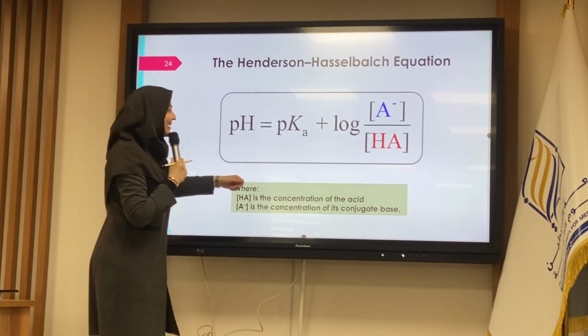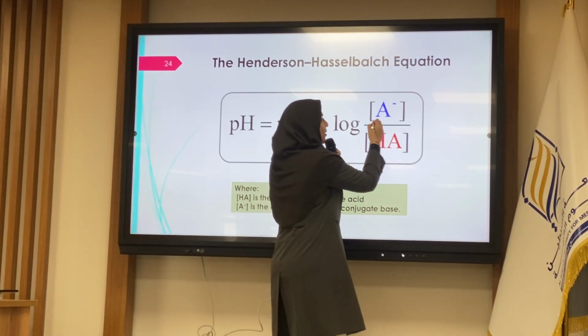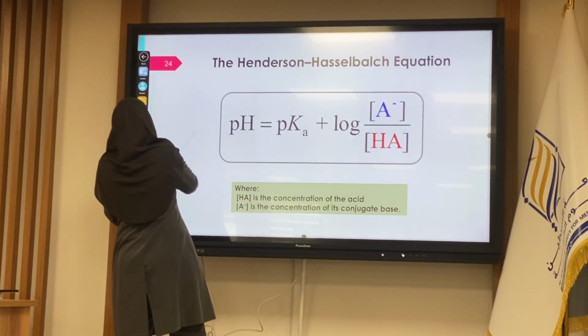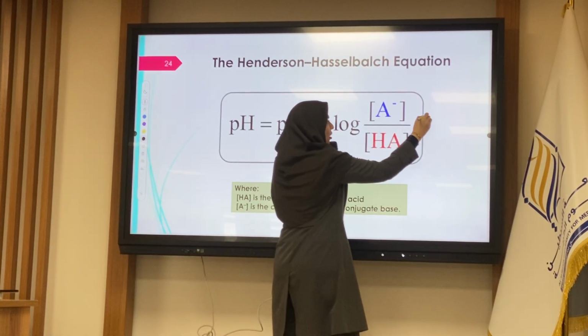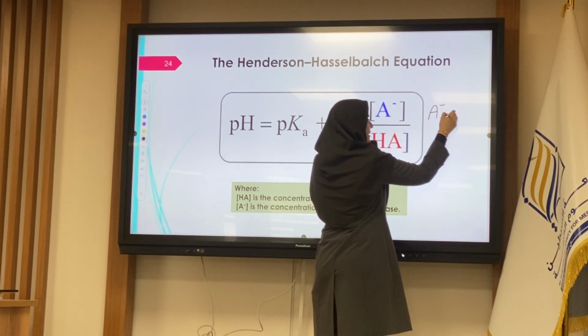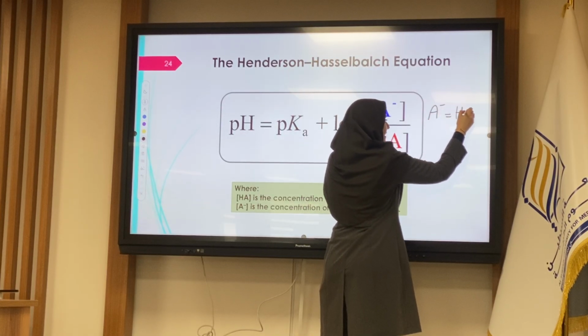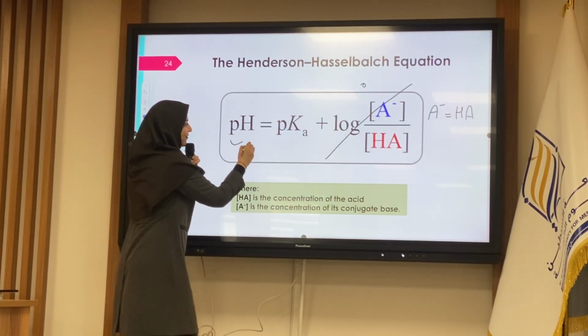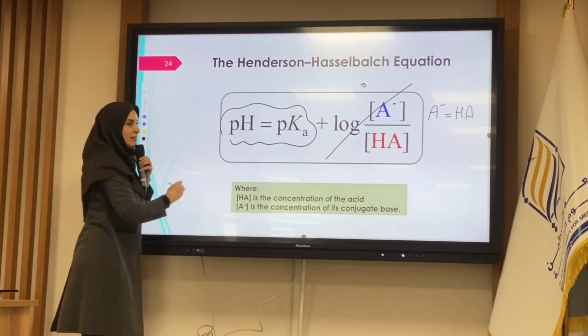Negative equals HA. Excellent. Whenever the concentration of conjugate base is equal to your acid, the logarithm is 0, so the pH equals the pK.